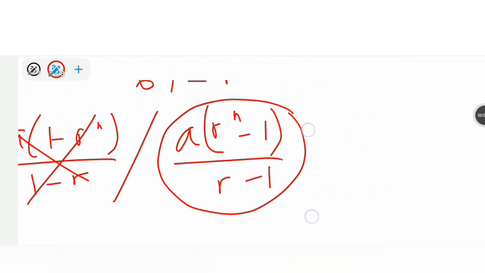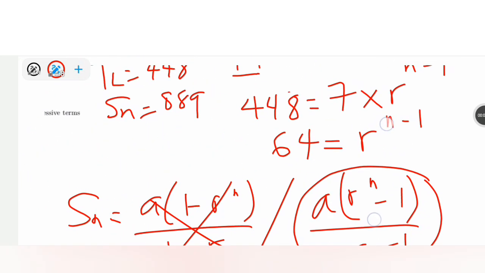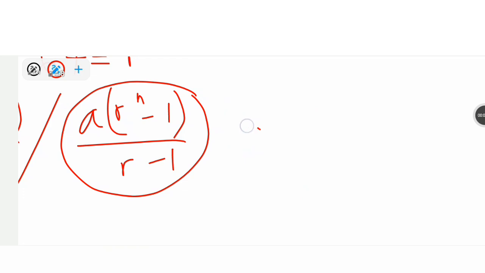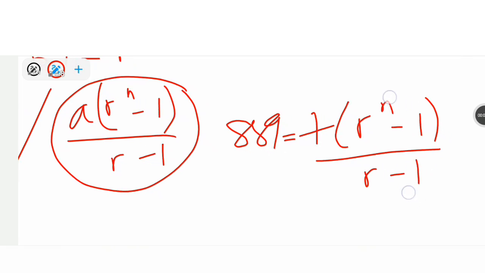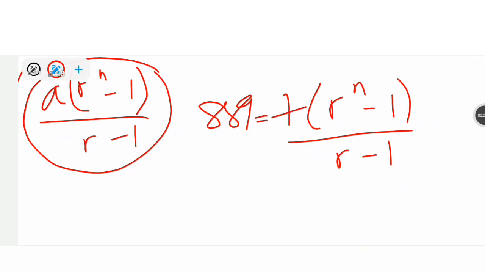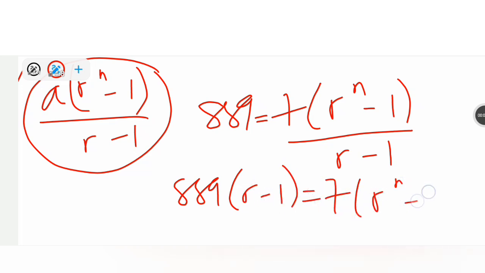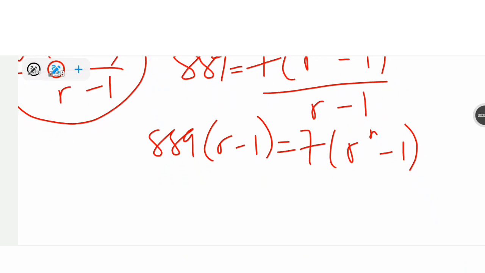So we are told that the sum is 889. We write 889 equals a, which is 7 in the question, times (r^n - 1) divided by (r - 1). From this stage, cross multiply, and you get 889(r - 1) equals 7 times (r^n - 1).